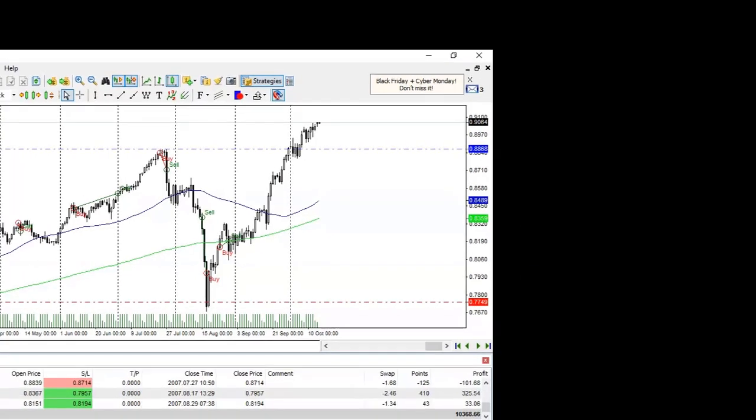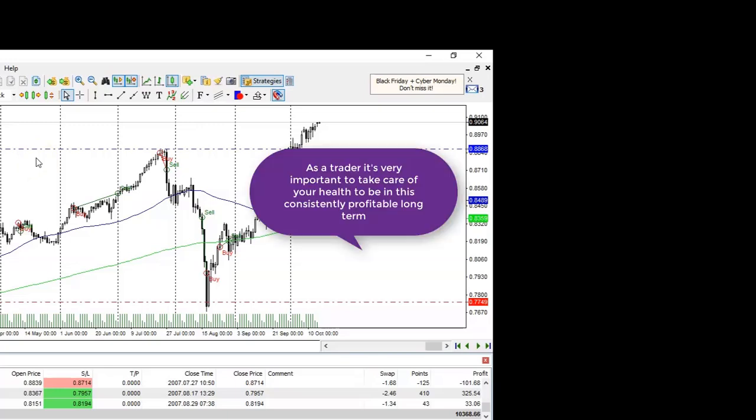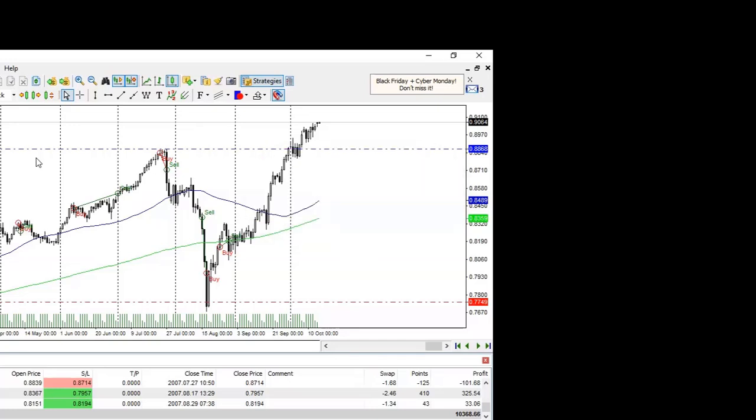So if you've got a day job and you work a normal 9 to 5, it's very difficult to then go home and intraday trade the markets where you're in and out in hours or minutes. It's just very demanding, and I've tried it, and it burns you out. Some people can do it, but that's why I'm presenting a high time frame strategy, just to help with your well-being and health, because long term trying to day trade the Forex markets is very demanding neurally, and it will burn you out.